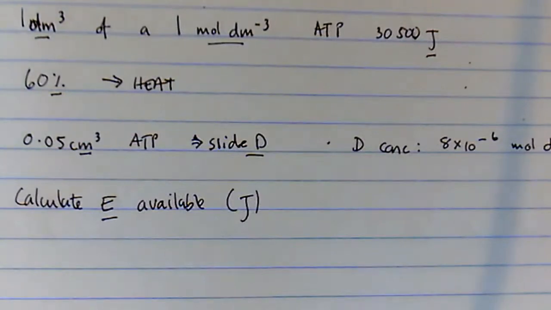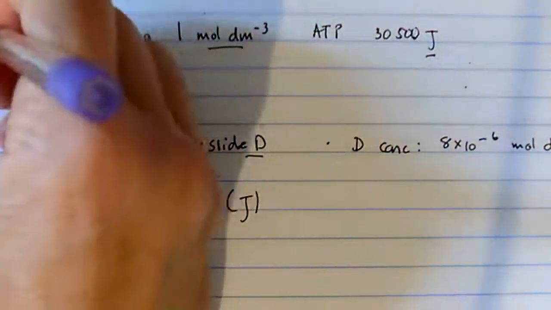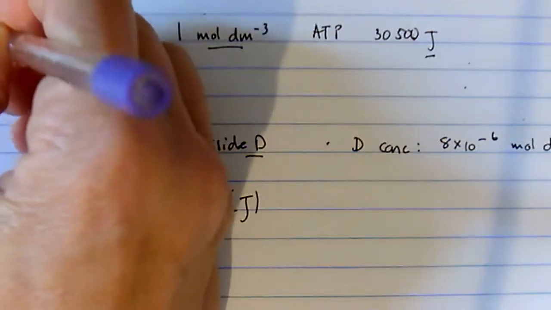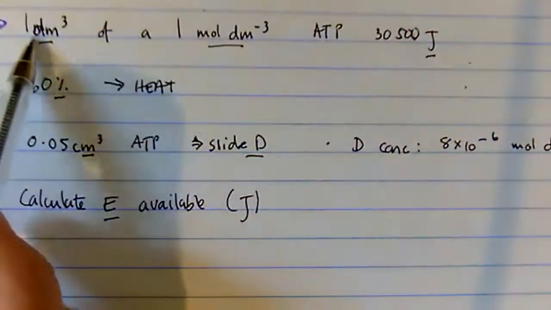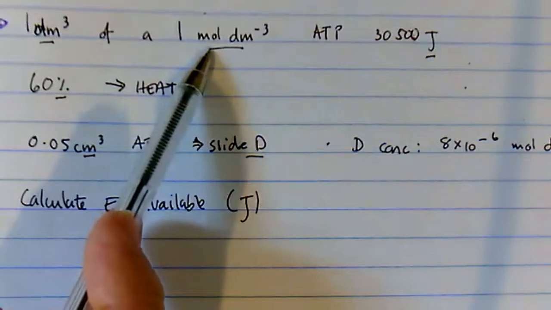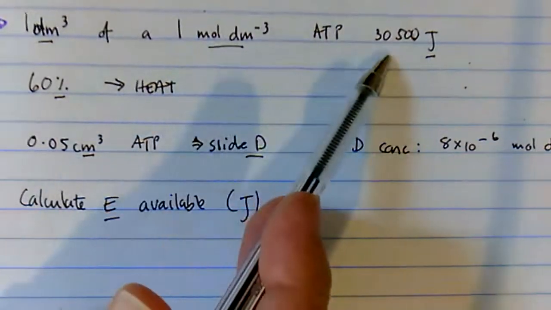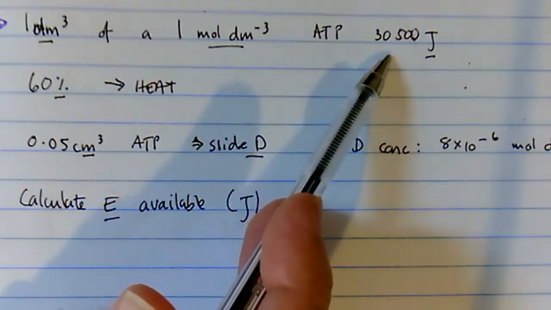I think the first thing that we should do is use the information that we have here. We know that 1 decimeter cubed of 1 mole per decimeter cubed of ATP makes 30,500 joules of energy.